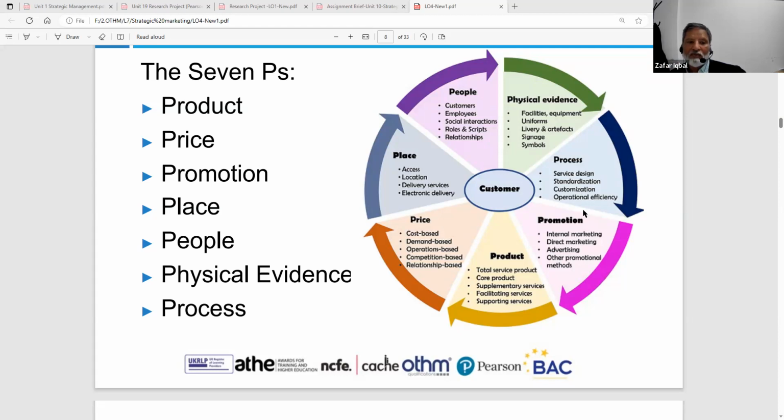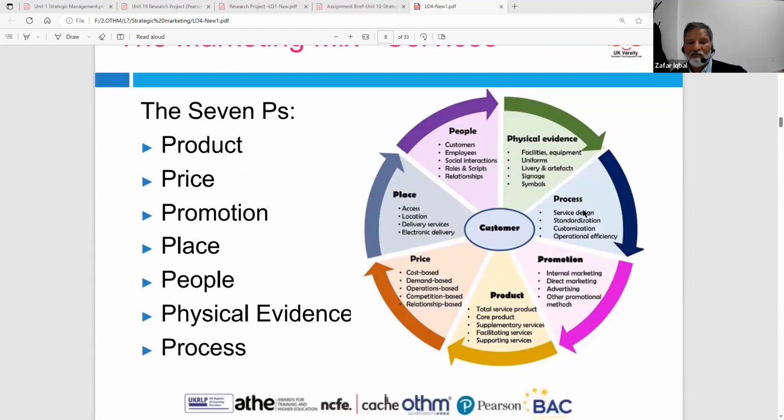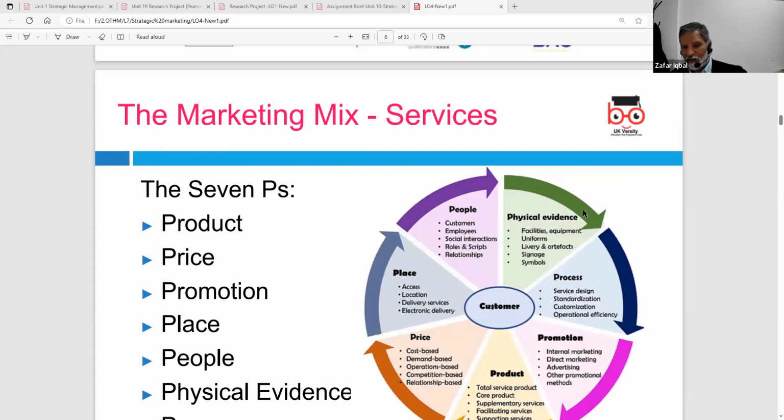So the 3 Ps can be place, processes, and physical evidence. So that includes 7 Ps, and that is also an extended marketing mix. You can have this for an extended marketing mix as far as some services are concerned.